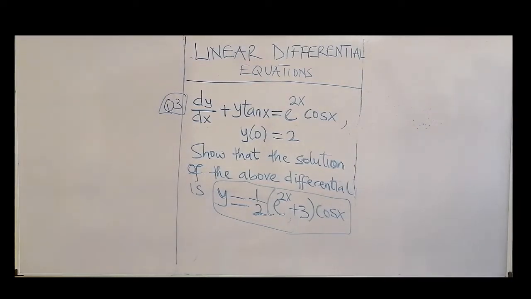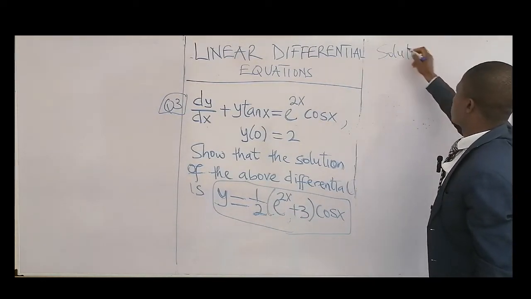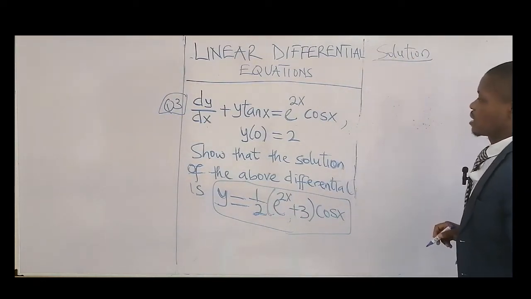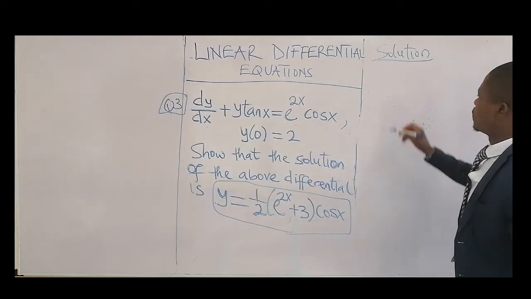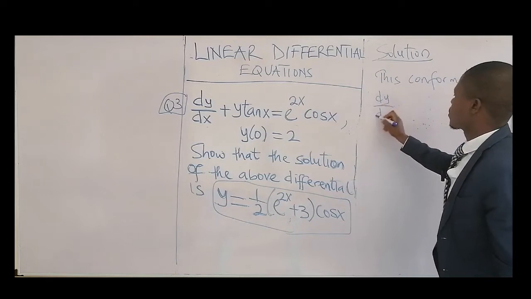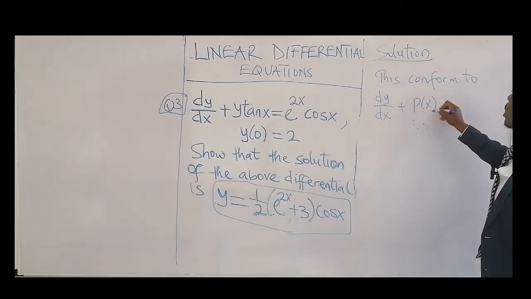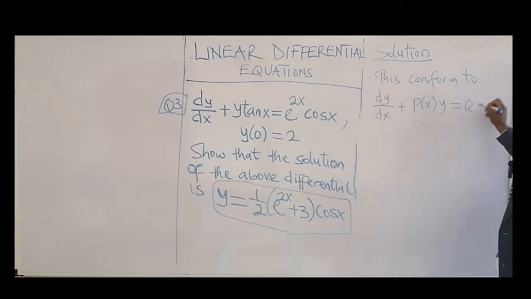If you look at this one, the solution to this question conforms to dy/dx plus p of x y equal to q of x. So that conforms to that. So this is linear.